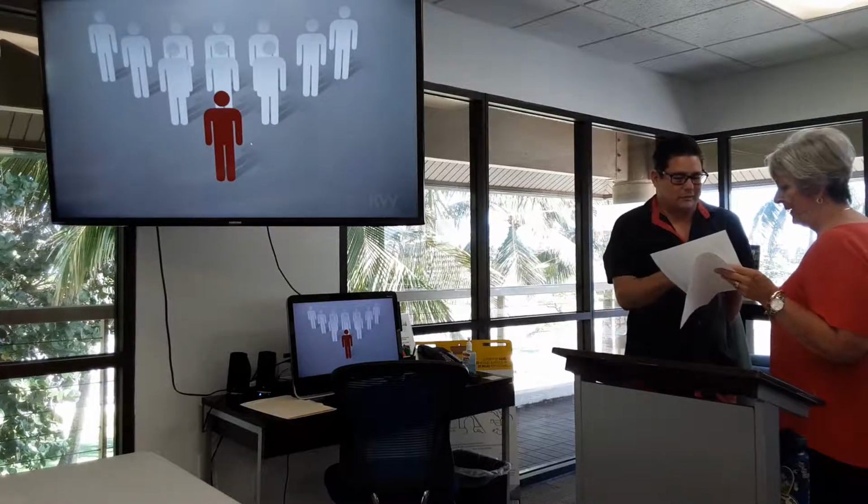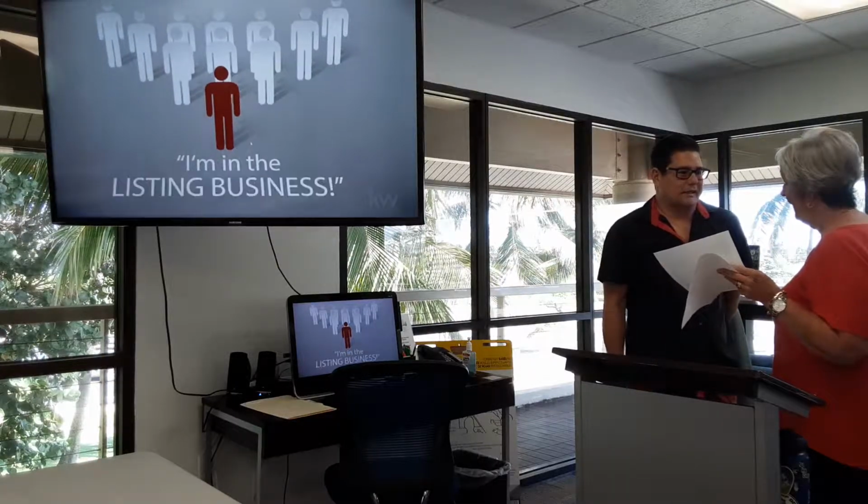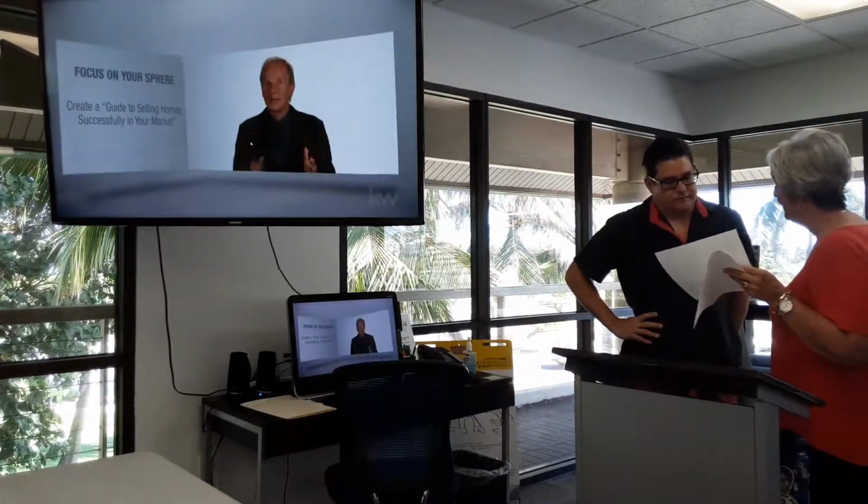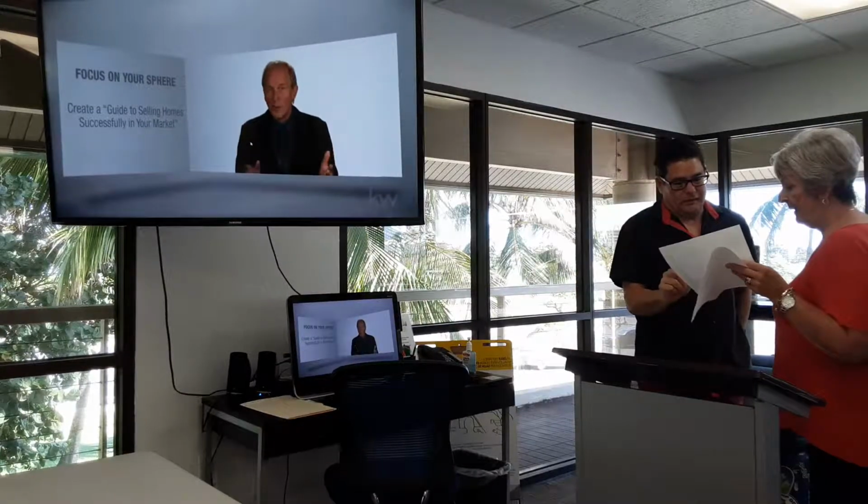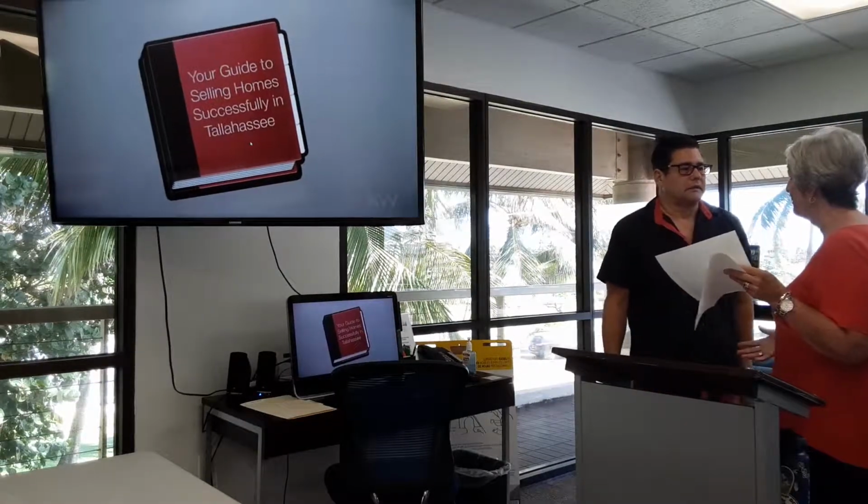Focus on making sure they understand you're in the listing business. Create a pre-listing package that you would give every seller, but rename it your guide to selling homes successfully in your market. And then give that to people in your database that you know have influence, that's collateral materials that they can give to their friends and refer you.